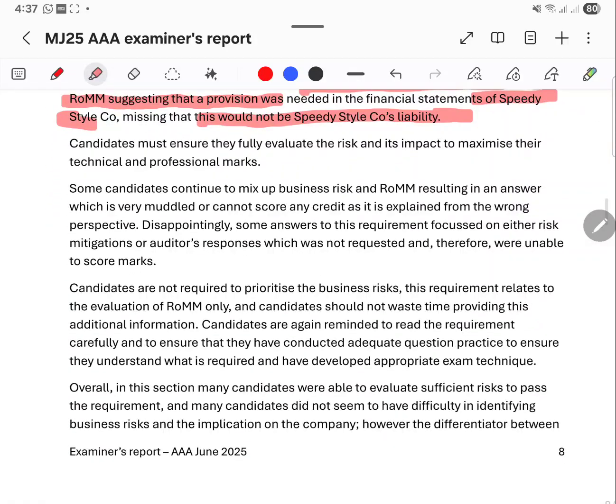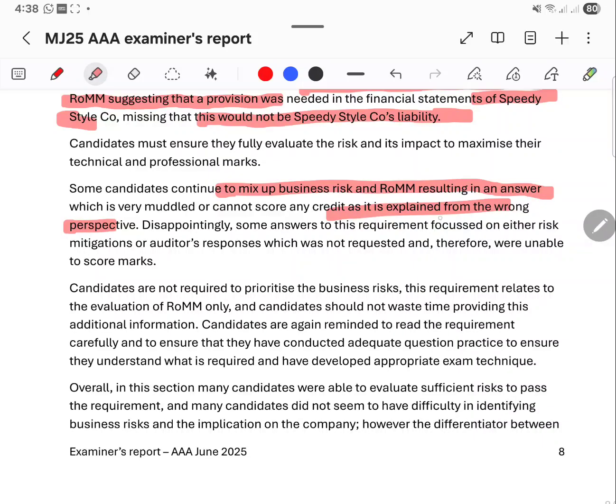Candidates must ensure they fully evaluate the risk and its impact to maximize their technical and professional marks. Some candidates continue to mix up business risk and ROMM in an answer, which is very muddled or cannot score any credit as it is explained from the wrong perspective.